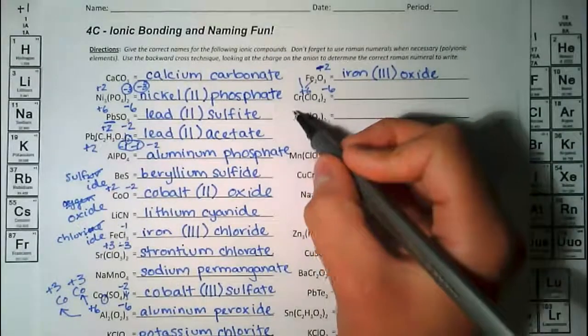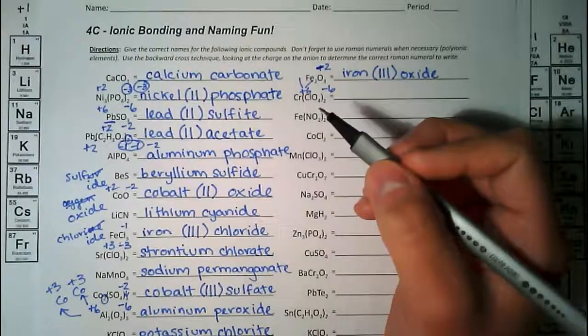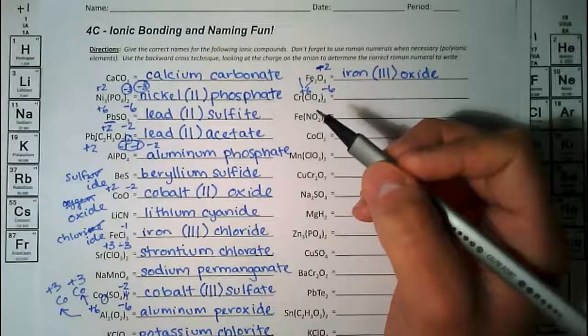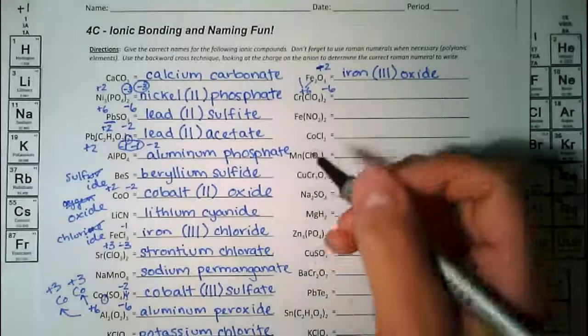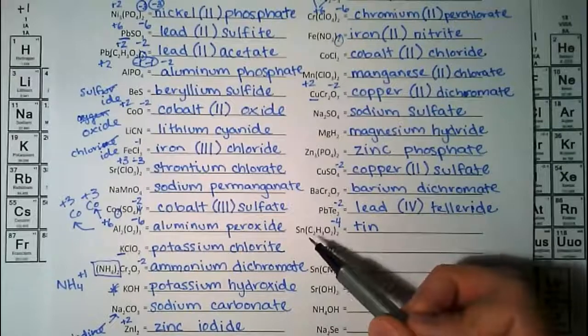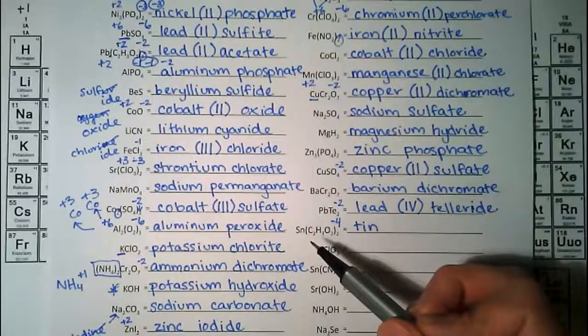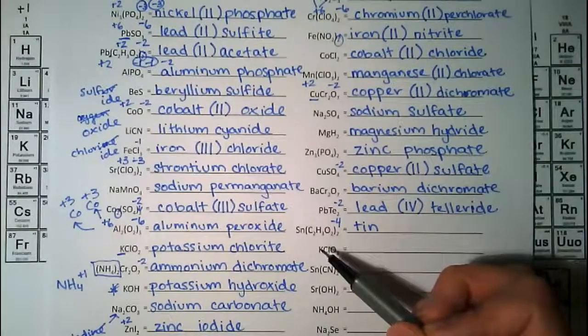Next we have chromium, Cr, and then ClO4. ClO4 is the perchlorate ion. So Cr, chromium, is a transition metal. So next we have Sn, which we know is tin. And then tin, even though it's not in the transition metal section, we know that it needs a Roman numeral.